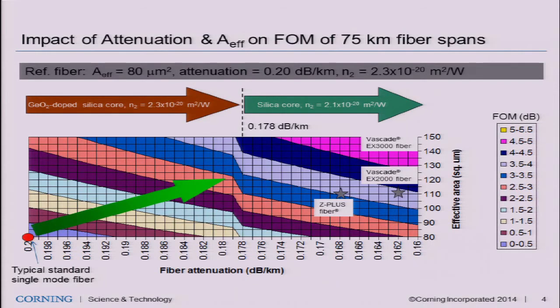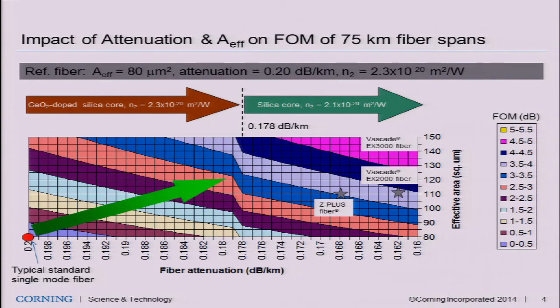Currently we have a commercial fiber called EX2000 with average attenuation around 0.16 and effective area about 120. And we have a new product, EX3000, with similar attenuation but larger effective area.